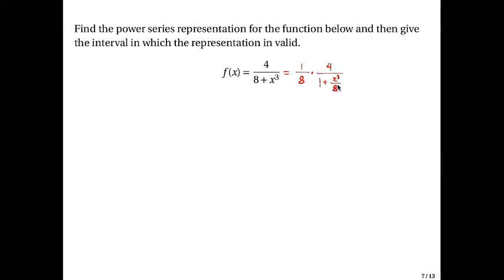And then here, let's try to rewrite this as a single expression, or as a single power. Take note that 8 is just 2 cubed. So you can combine this into a single rational expression and then you cube it. Anyway, you have 4 over 8, that's 1/2 now, times 1 over 1 plus x over 2 quantity cubed.